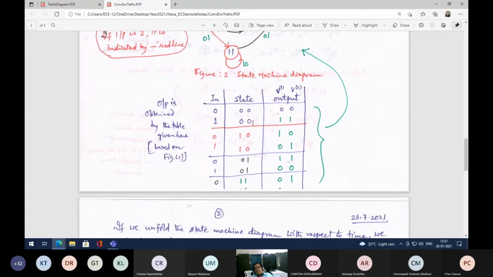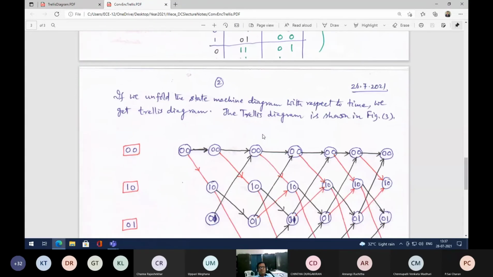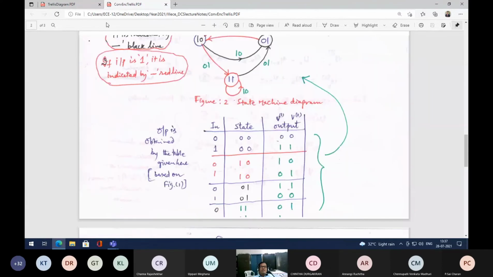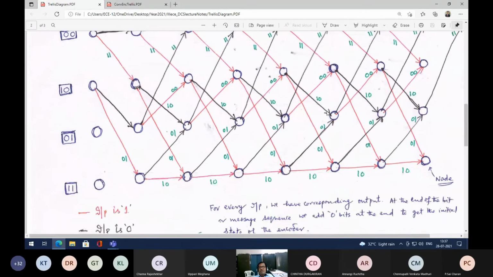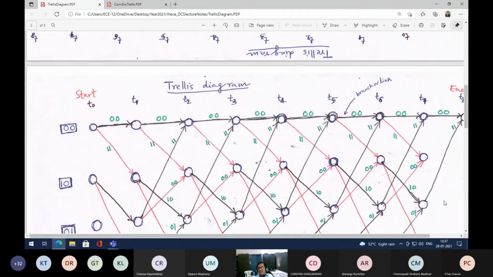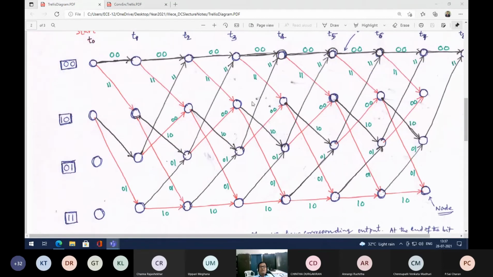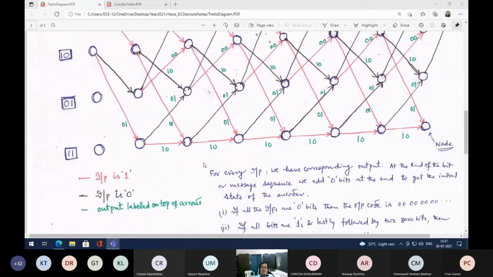Based on this state machine diagram, we could draw all of this trellis diagram. Let me give you the complete diagram which I have drawn again, and please verify whether this trellis diagram matches your trellis diagram or not.